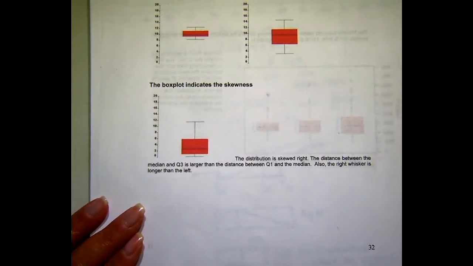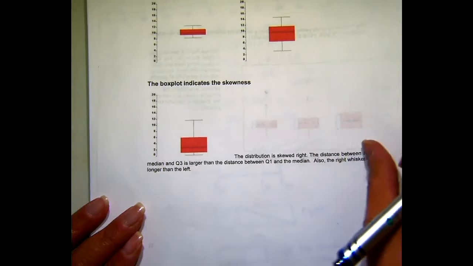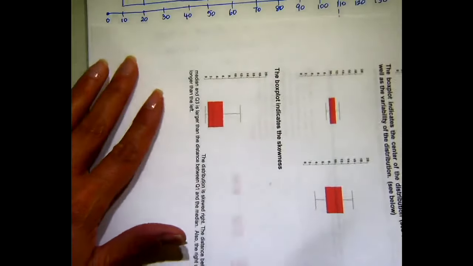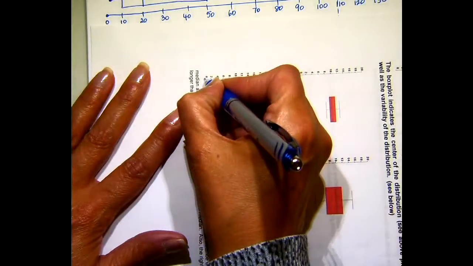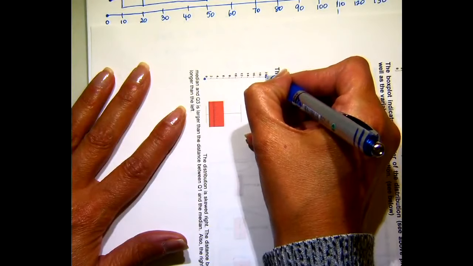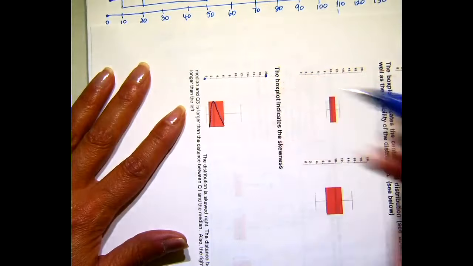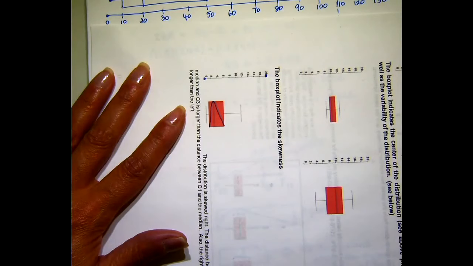Left or right? When you're looking at the box plot, you better turn the axis so that the lower numbers are here and the larger numbers are here, and then look at the skewness. So this would be right skewed or positively skewed.